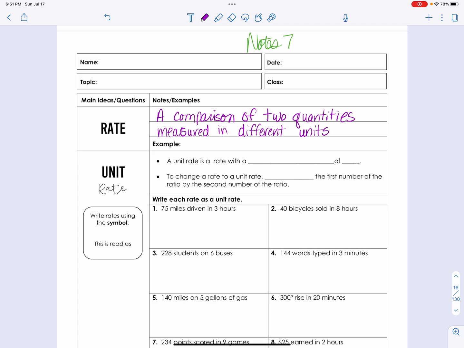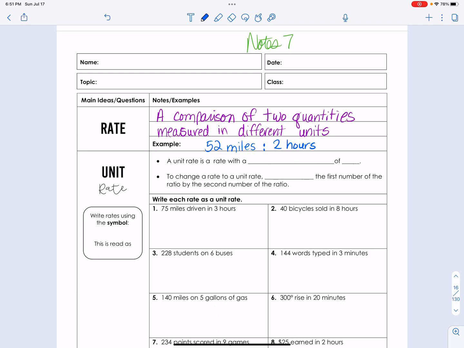Okay. So an example of this would be like 52 miles in 2 hours. Okay, so those are in different units.